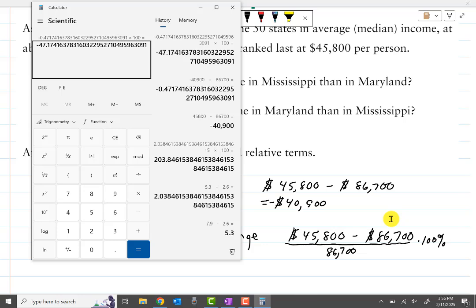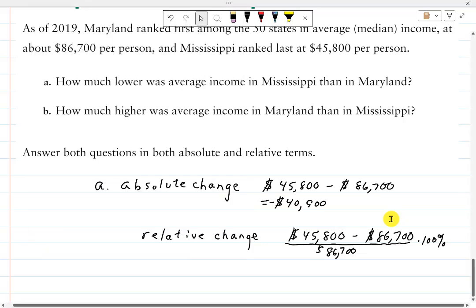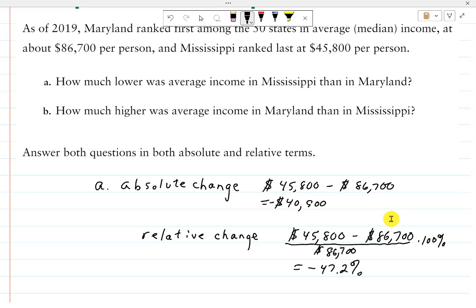I'll just round to one decimal place. Negative 47.2%. So we could say the average wage for a Mississippian is 47.2% less than the average Marylander.